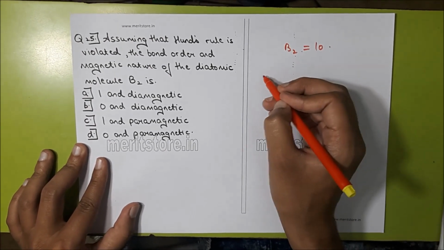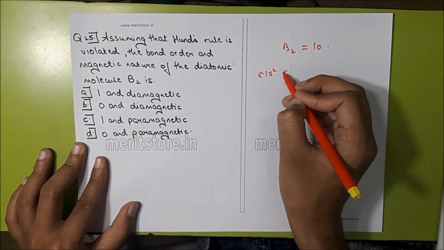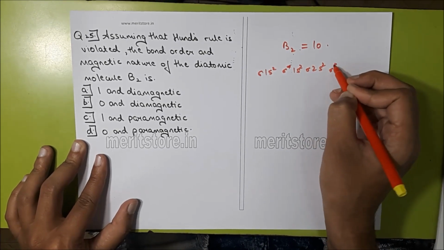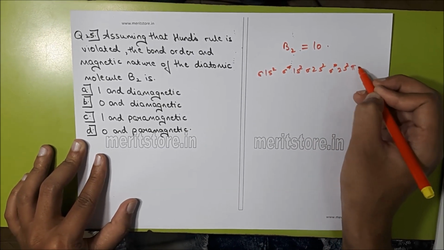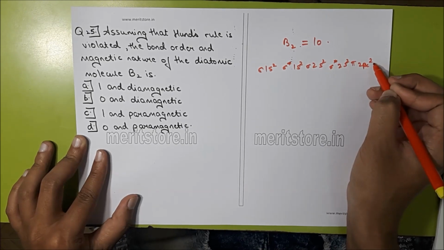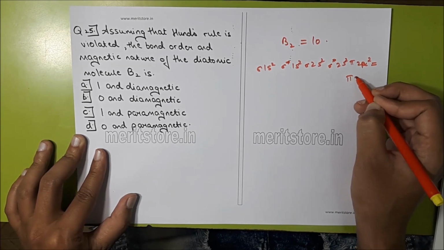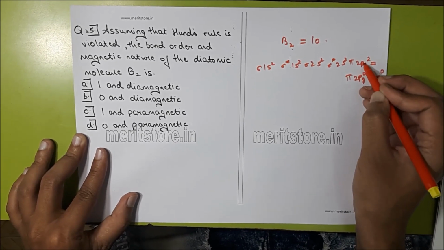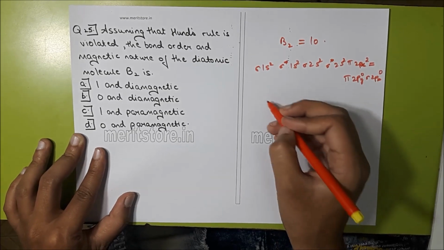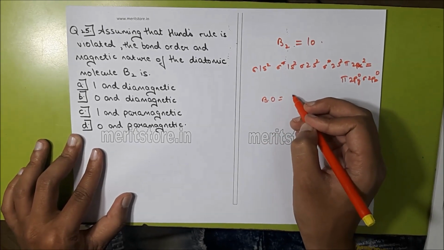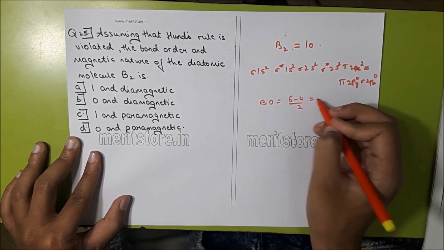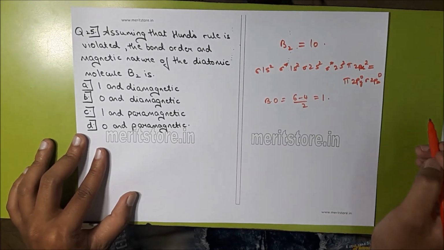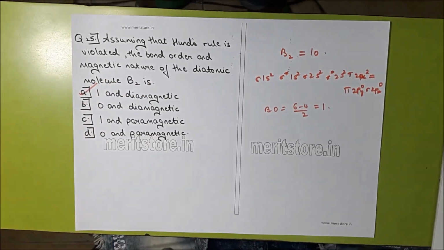So by molecular orbital theory we can write sigma 1s2, sigma star 1s2, sigma 2s2, sigma star 2s2, pi 2px2 equal to pi 2py0, sigma 2pz0. So bond order is equal to 6 minus 4 upon 2 equal to 1, and the molecule will be diamagnetic as all the electrons are paired. So option A is the correct option.